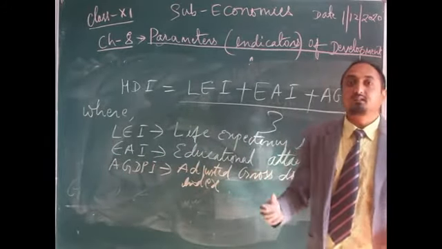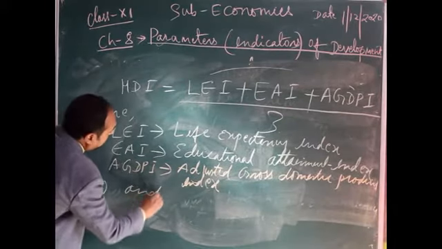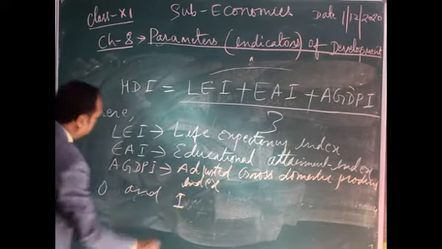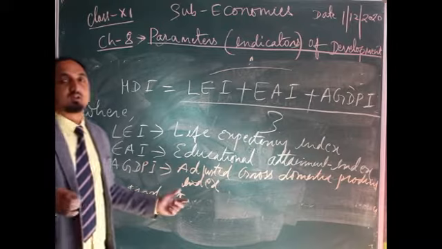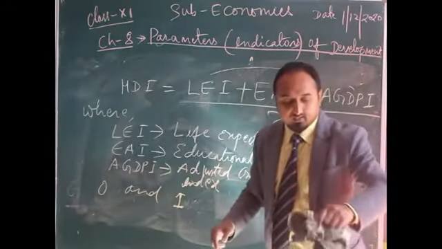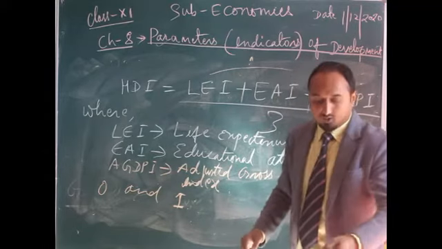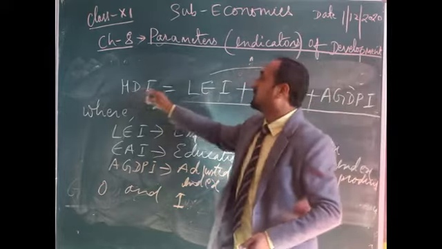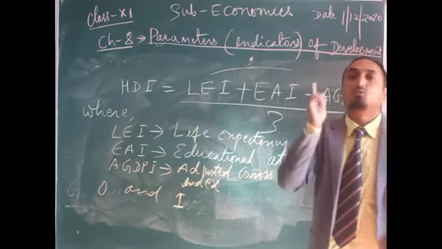And one more thing, when we calculate this, the value of HDI lies between 0 and 1. Whoever's HDI is 1 is in the first position. If you see the current data, I think Norway's Human Development Index is rank 1.